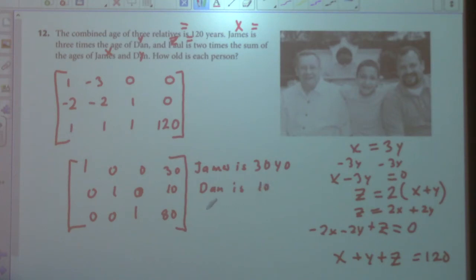And last one we have is Paul is 80. So I guess it has to be that he has to be like great-granddad, he has to be grandson, and he has to be great-grandson, right? That probably will make it work out.